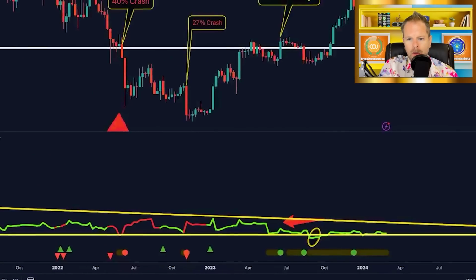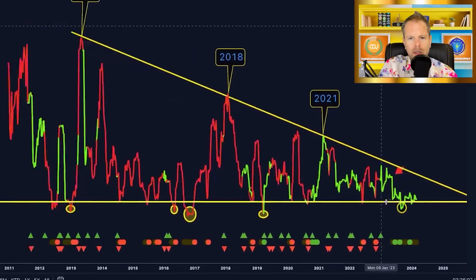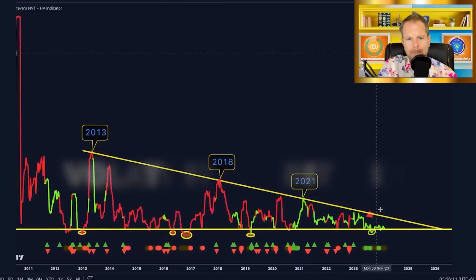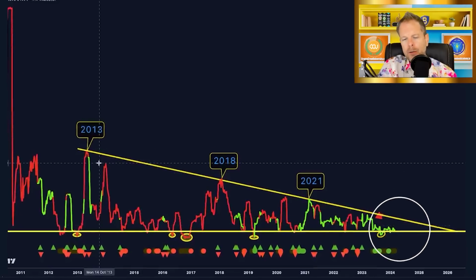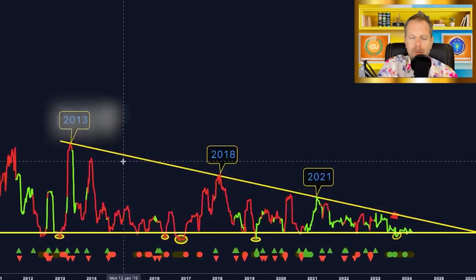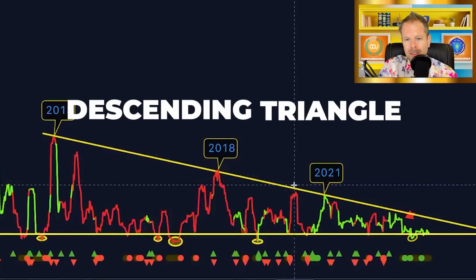When you look at this chart here that we have in front of you, it's the volatility of Bitcoin, right? From 2013 until now, it's in a pressure cooker. And this is not a bullish pattern. This is a very bearish pattern. This is called a descending triangle.